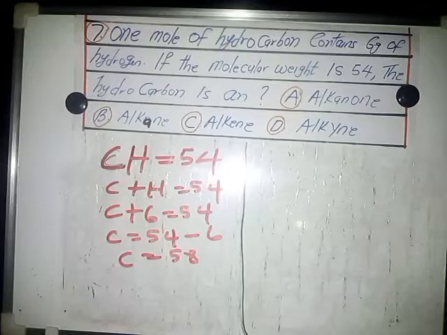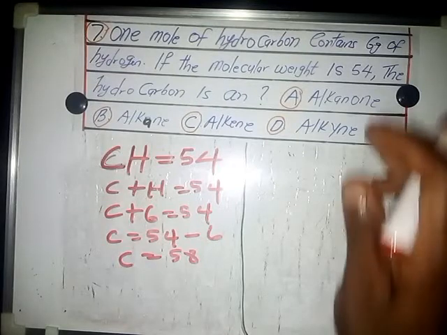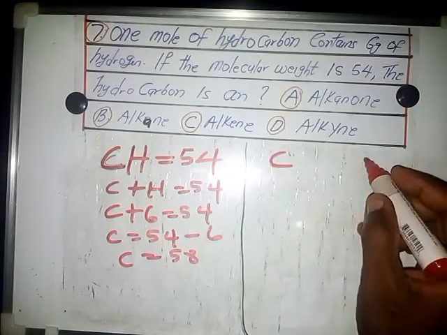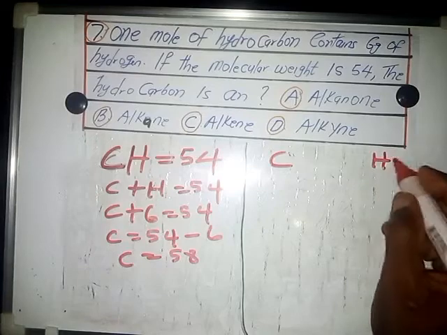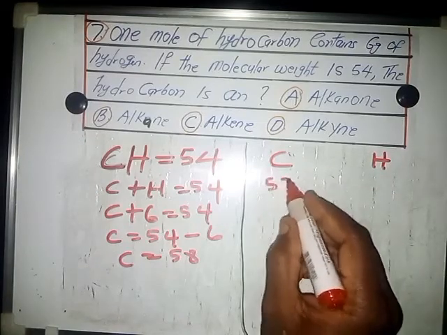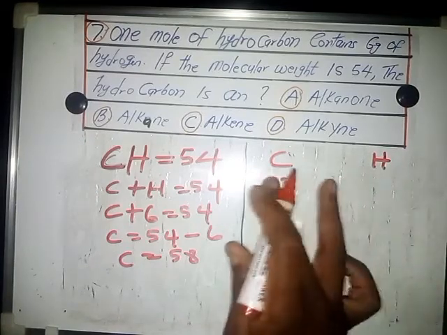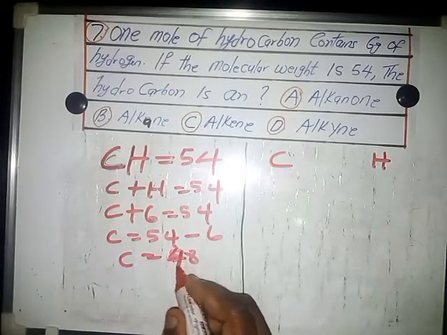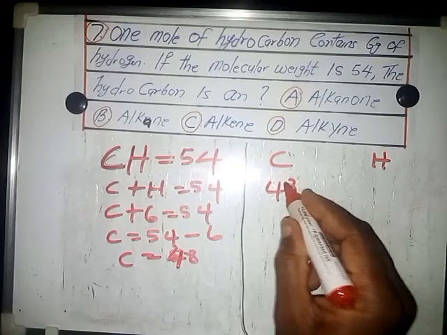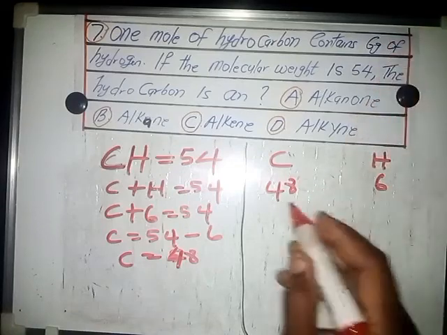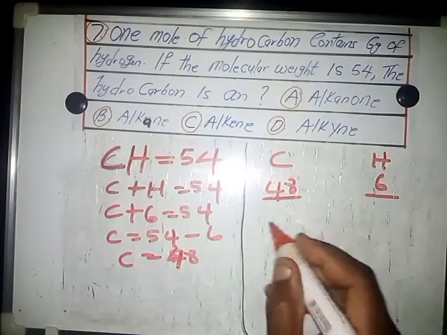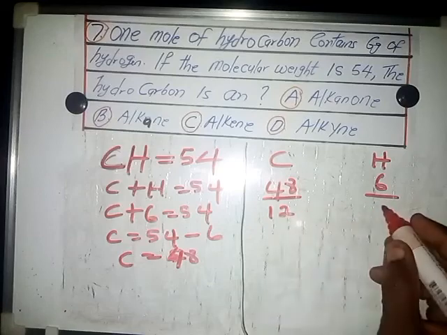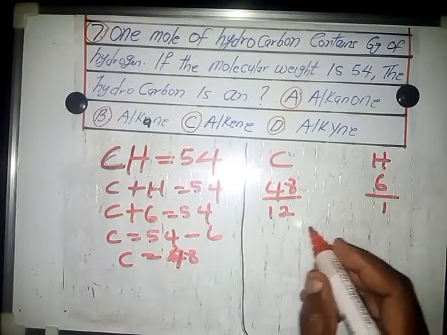So the mass of carbon is 48 and that of hydrogen is 6 from the question. So I'm going to write C and H. I'm going to put 48 here and 6 here, from the question, and of course divide by their atomic masses.